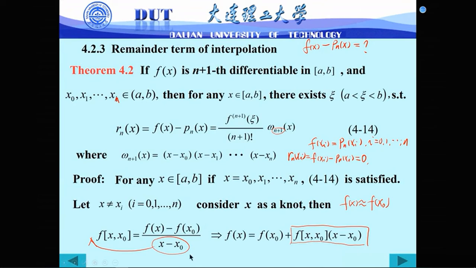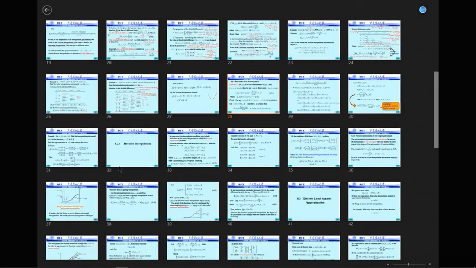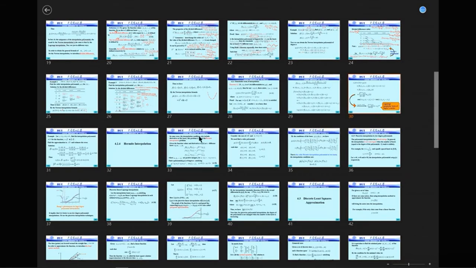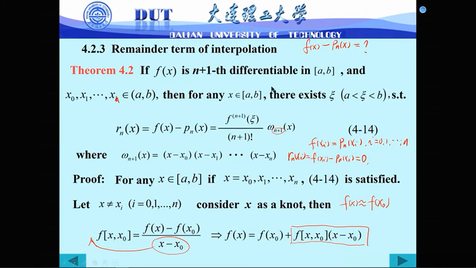And what's more, I want to show you an interesting fact. Now you see, if we consider the limit, where the nodes are the same. In the beginning, of course, don't forget, we need to suppose there are n plus 1 different nodes, right?